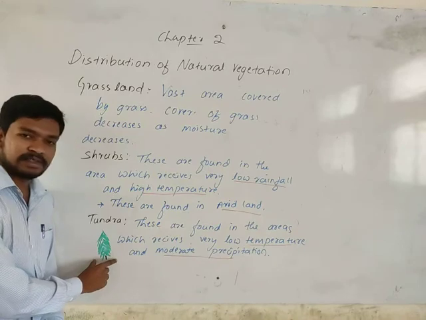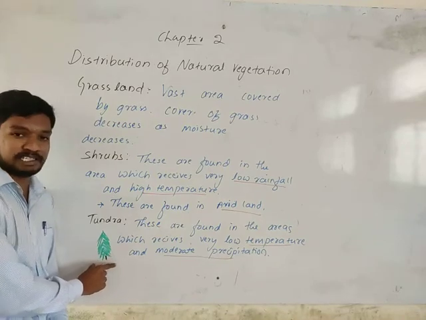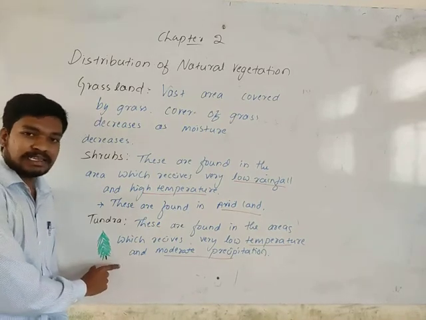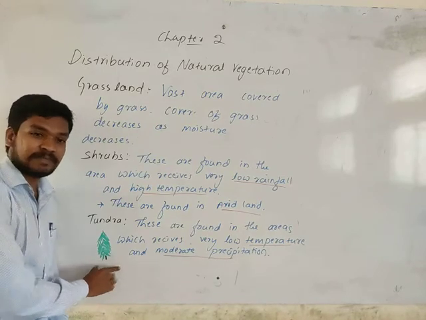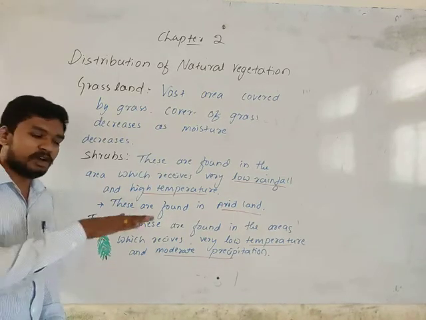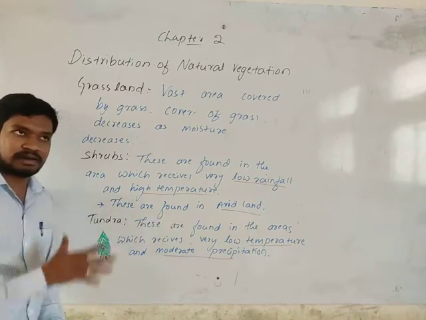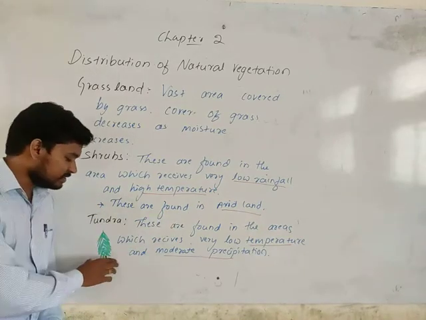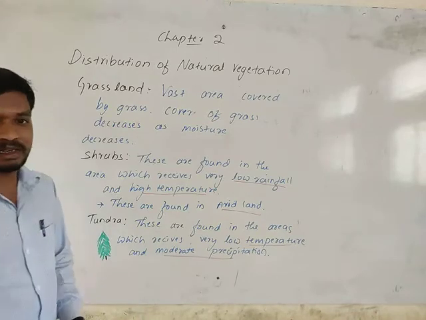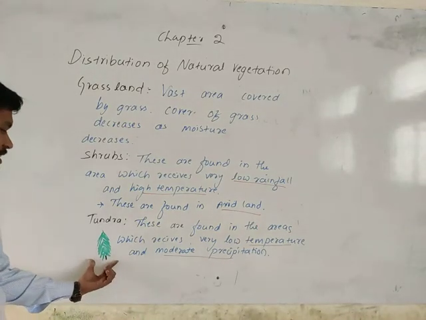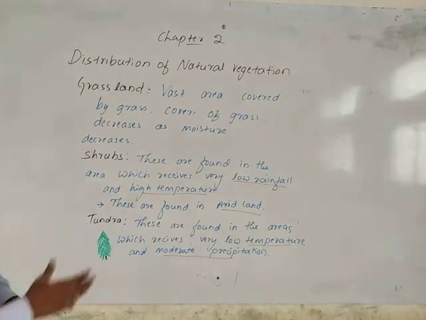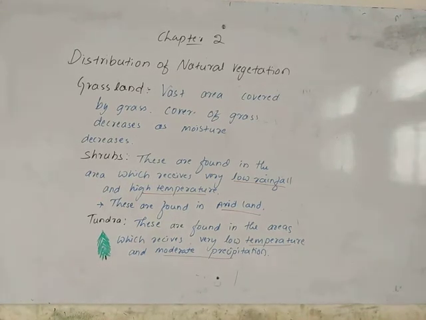The leaves of these trees adjust to very low temperature and low sunlight, so they are found in these tundra vegetations. So these are the distribution of natural vegetation that we have. Right, we'll go to the next one. Is it clear?